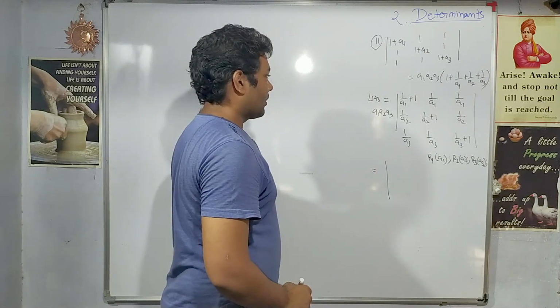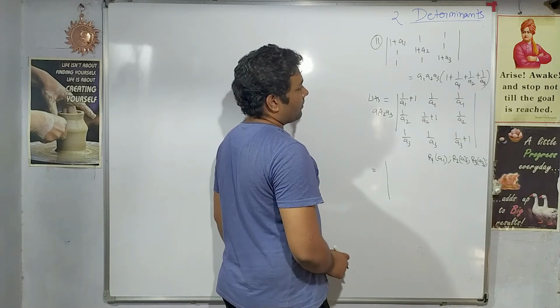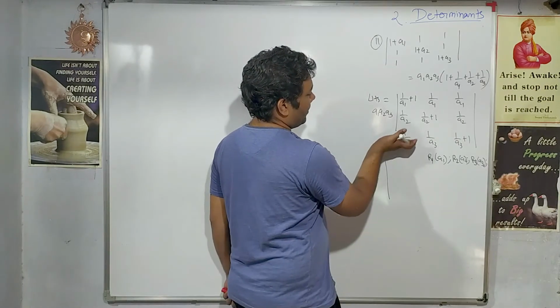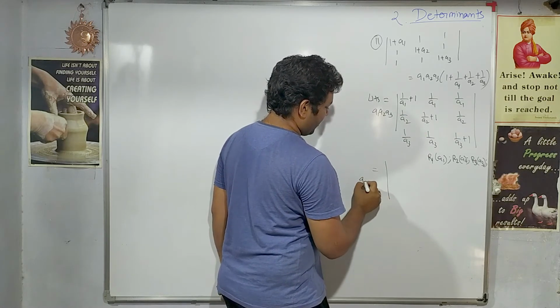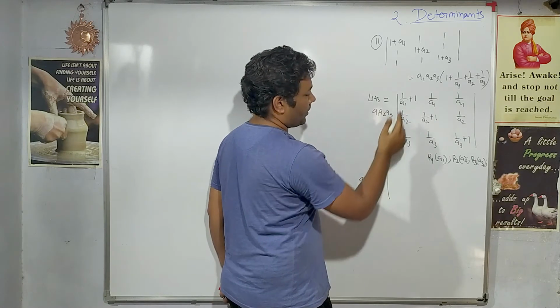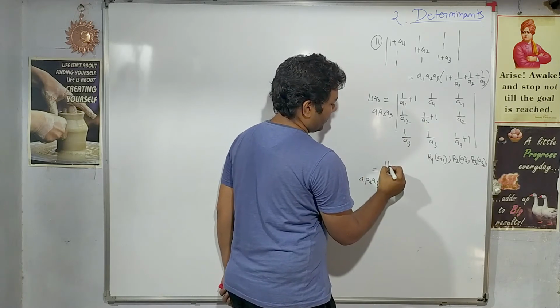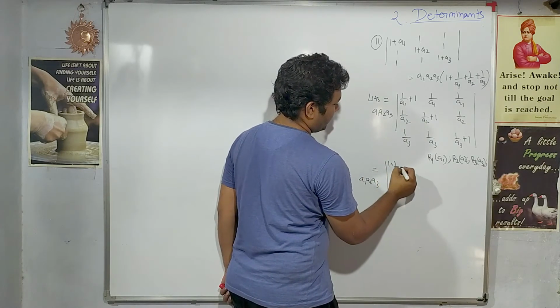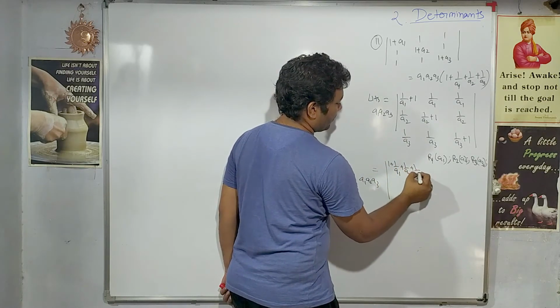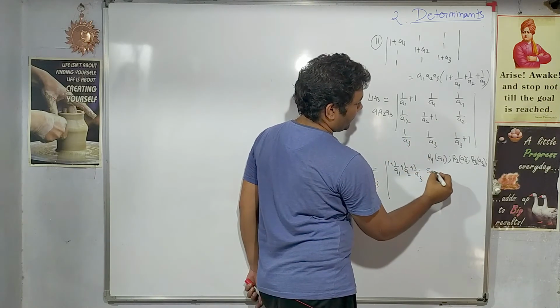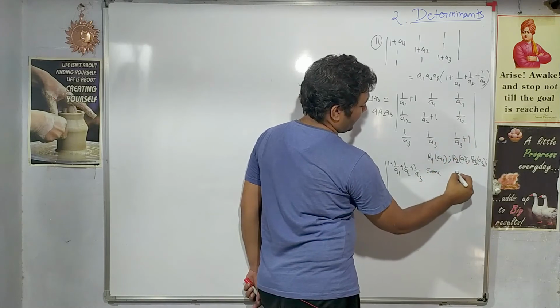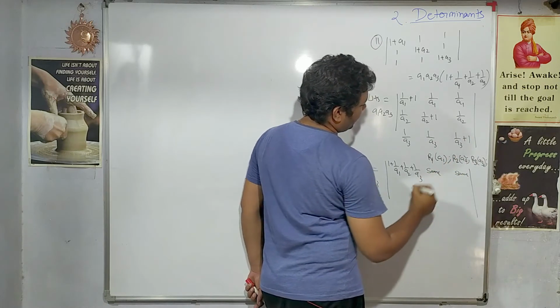So let us work. Right now if I add all the rows into the first row, what will I get? I will get 1 plus 1 upon a1 plus 1 upon a2 plus 1 upon a3, right? Same thing I will get here, and here also I will get the same thing, right?